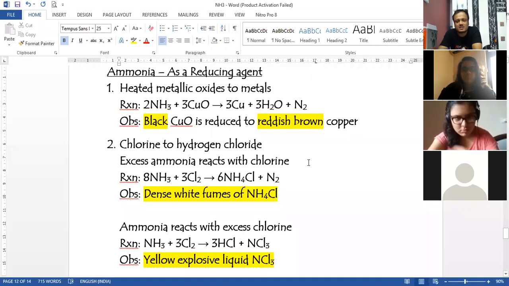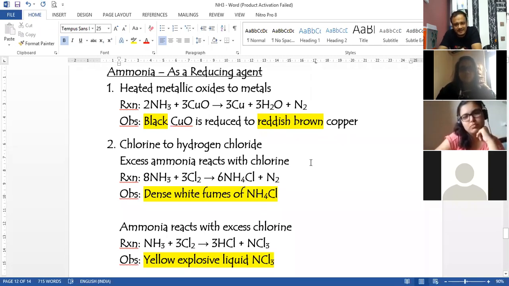The first method was oxidation is addition of oxygen, and reduction was removal of oxygen. The second method was reduction is addition of hydrogen and oxidation is removal of hydrogen. And the third one was with respect to electrons. If electrons are lost, it is oxidation, and if electrons are gained, that is reduction.